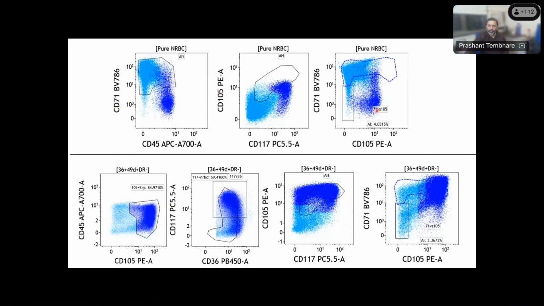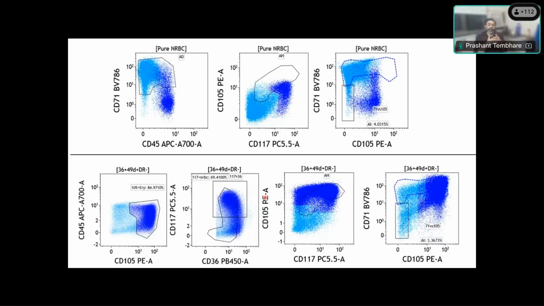Normally it should go like this, but there is loss of CD71 expression in the early precursor, and there is an increased population here. In normal bone marrow we usually have 10 to 15% early precursor, that is pronormoblast, and then the majority of the erythroid population is intermediate and late normoblast.